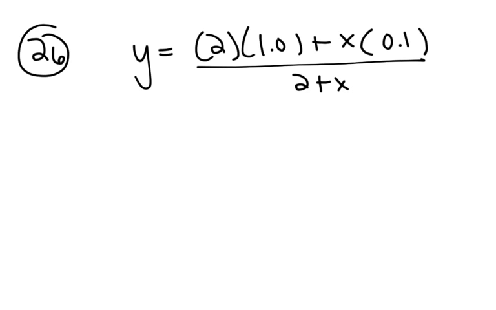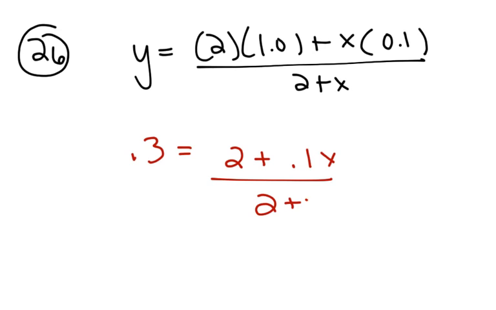How much of the 10% drink must you add to get a drink that is 30% juice? So I want the concentration to be 30% or 0.3. So what I'm going to do is solve this equation for x to find out how many gallons I need to add of this juice to get my 30% concentration.